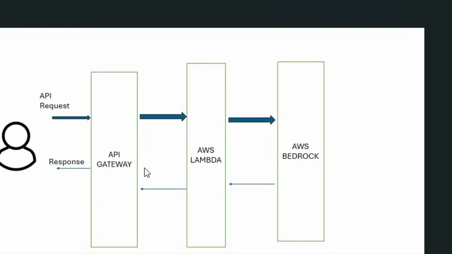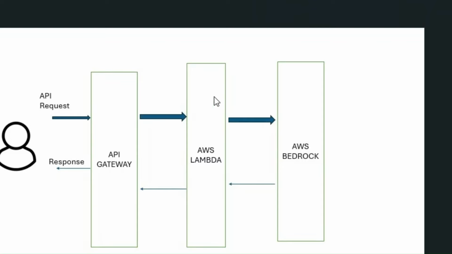and Lambda in turn gives the response back to the gateway, and the user will be able to retrieve that. We will mainly focus on AWS Lambda here because creating the API gateway and consuming the models in AWS Bedrock were already discussed in previous videos. In the first video, I'll attach the link in the description. You can go through it to see how to create a gateway and integrate it with Lambda. We'll just focus on AWS Lambda because that is where our program code exists, where the core functionality exists.